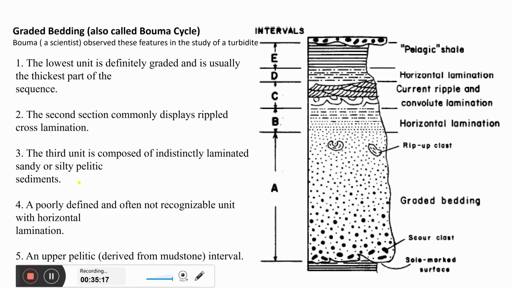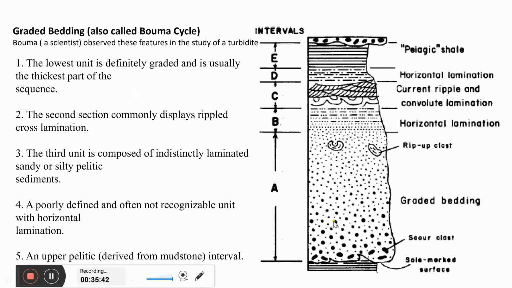Okay, graded bedding, also called the Bouma cycle. Bouma was a scientist who was working on turbidites, and he developed these types of sequences on your right side. First of all, the lowest unit is definitely graded and is usually the thickest part of the sequence, like this graded bedding.